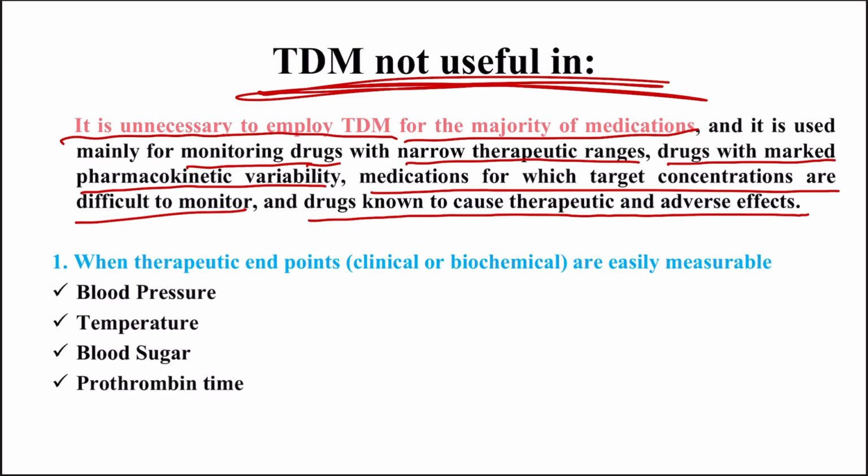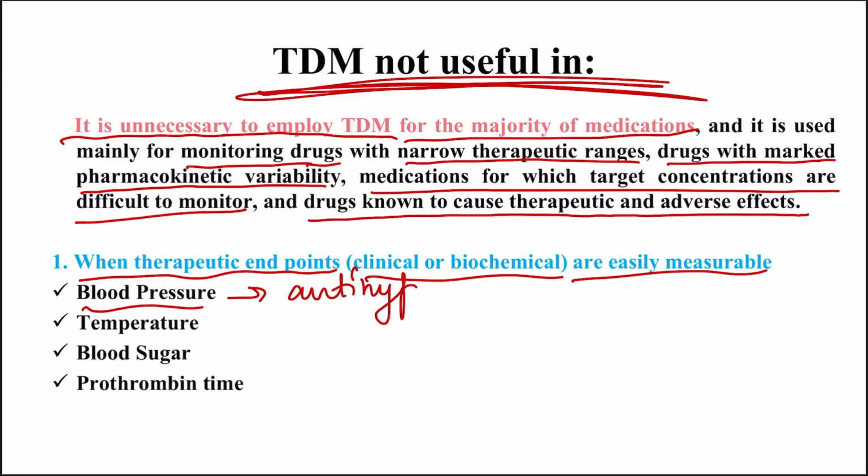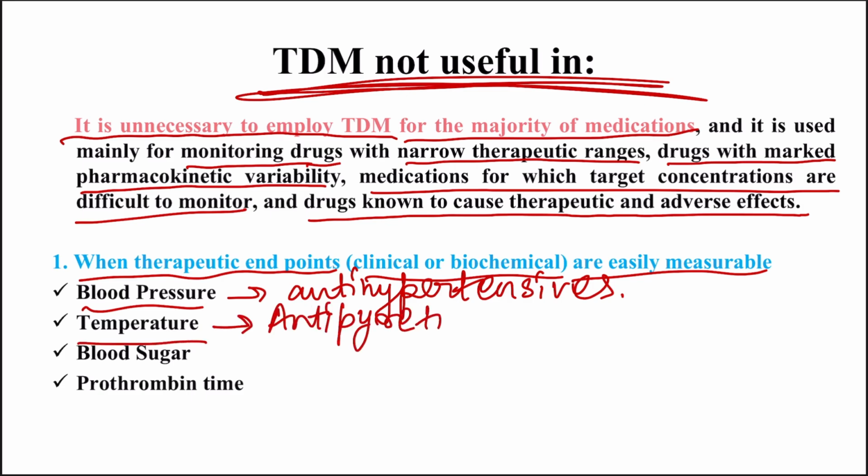So in such cases we are going to do therapeutic drug monitoring, and for the majority of the cases we don't. Examples include when the therapeutic endpoints are easily measurable, that is it can be a clinical or biochemical parameter. For example, blood pressure, we can easily measure blood pressure, so we don't have to do any therapeutic drug monitoring for antihypertensives because their effect can be easily measured. Then temperature can be easily noted down, so for antibiotics we don't have to do therapeutic drug monitoring.